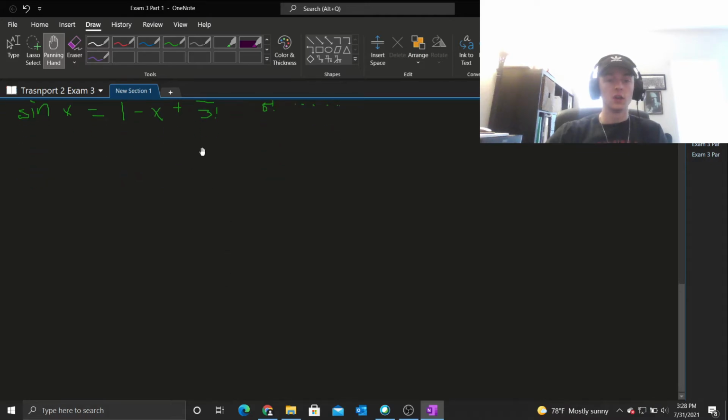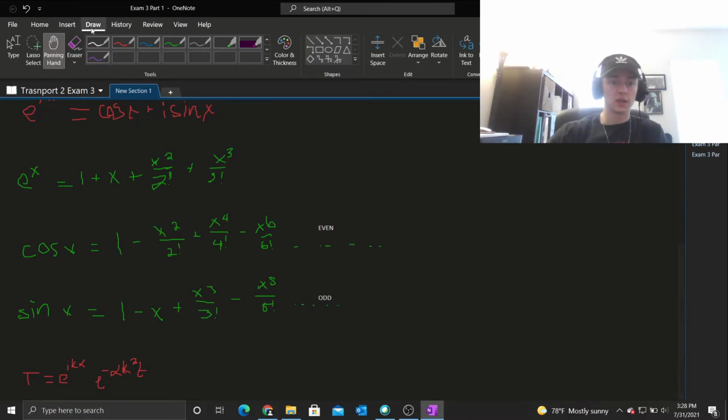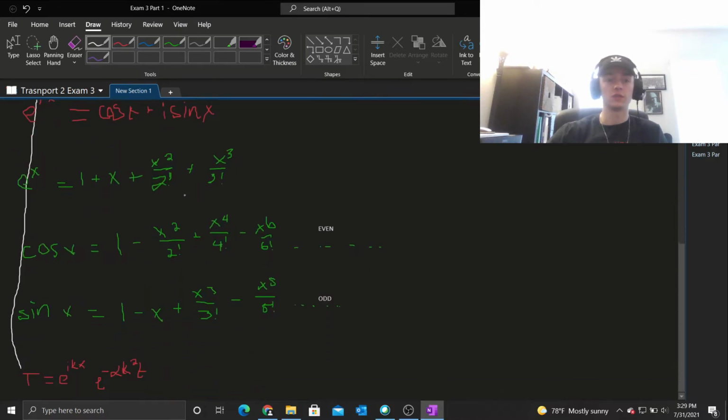What we want to say is that if we write temperature as exponential of i k x times exponential of negative alpha k squared t, and plug this in for T on both sides of the equation, then this is an appropriate solution to the heat diffusion equation.